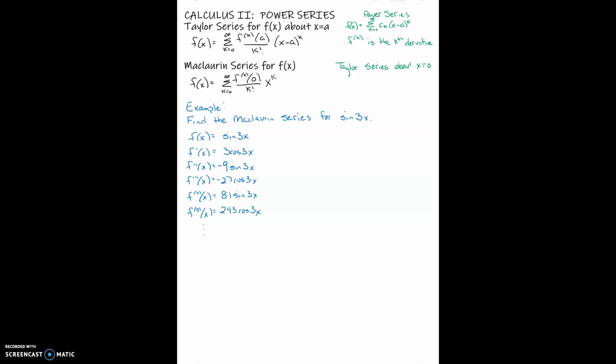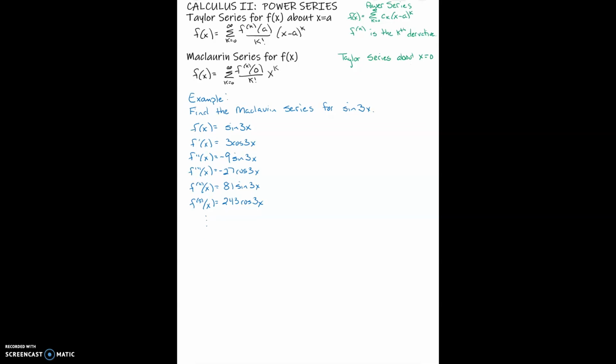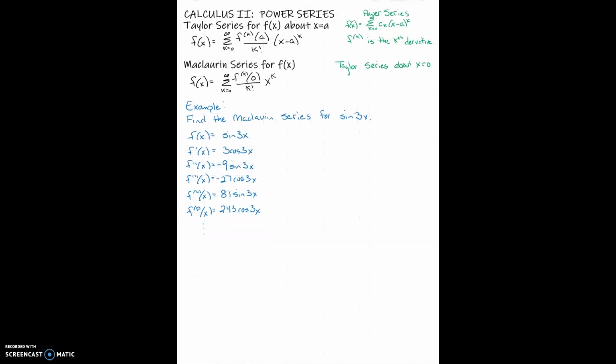Now we need to evaluate these at 0. F of 0, sine of 3 times 0, well 3 times 0 is 0, sine of that we get 0. F prime of 0, if we put a 0 in for x, we end up taking the cosine of 0, multiplying that by 3, we end up with 3.